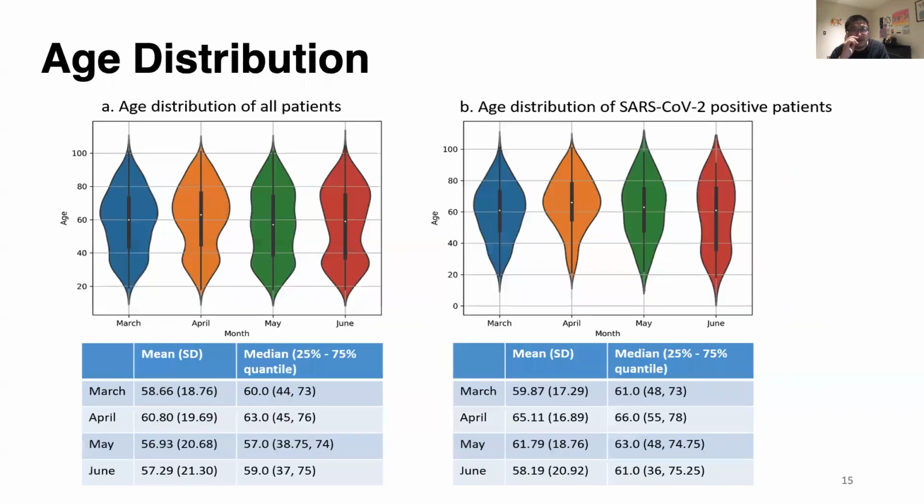And there is some theory suggesting this might be because the age distribution of the patients changes over time. They say later on, after the peak time, the infected patients are mostly young people, but we don't see such a big trend in our cohort.